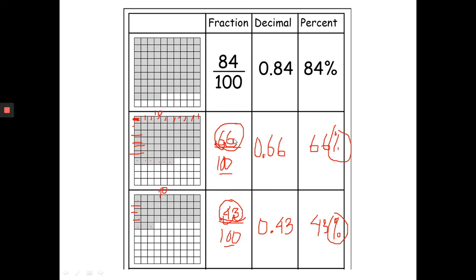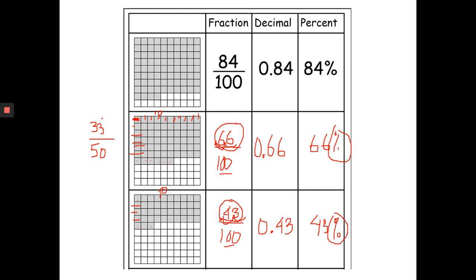By the way, that is not yet the final answer for fraction, because you still have to round it to the lowest term. So 66 divided by 2 is 33, and 100 divided by 2 is 50, so 33 over 50.